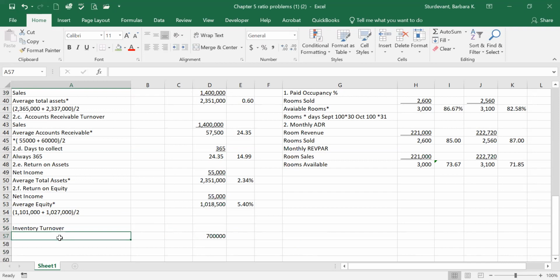So we need cost of goods sold over average inventory.